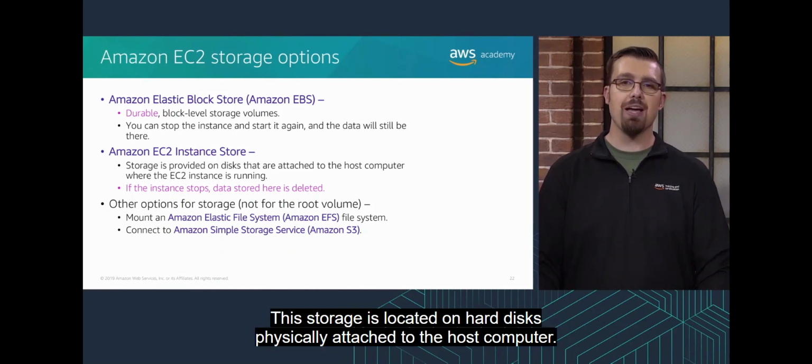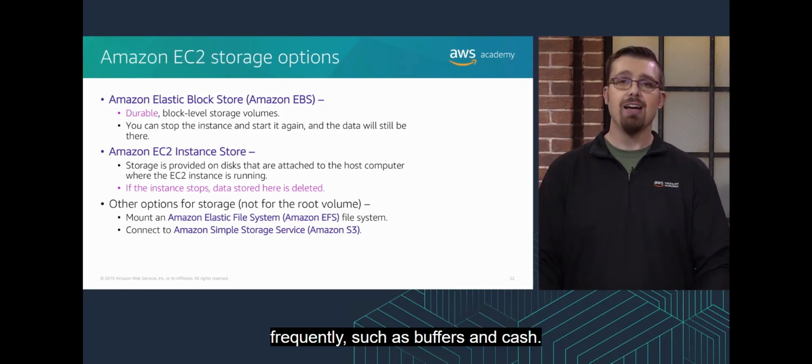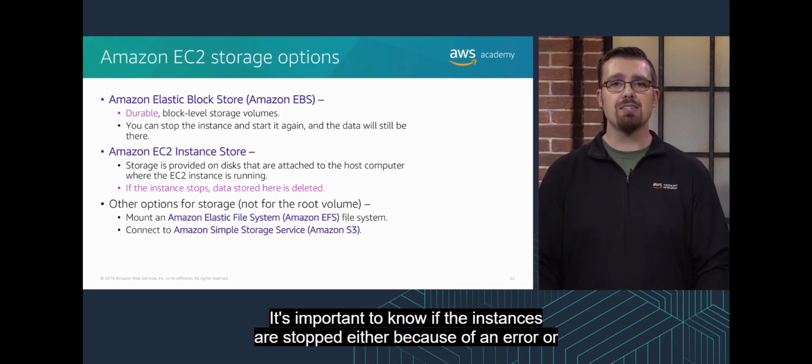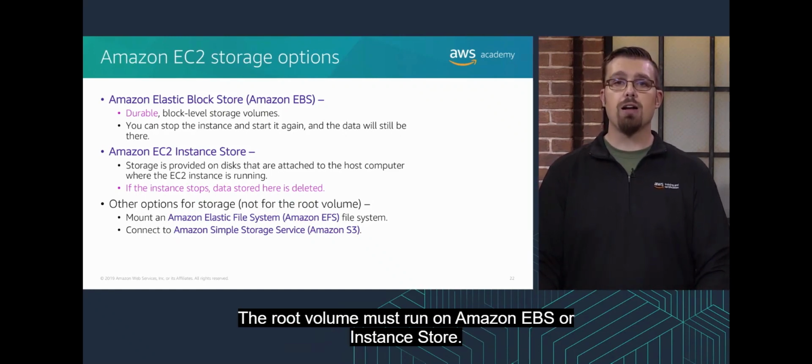This storage is located on hard disks physically attached to the host computer. Instance Store works well when you must temporarily store information that changes frequently, such as buffers and cache. It's important to know that if the instances are stopped, either because of an error or a malfunction, the data on the Instance Store will be deleted. The root volume must run on Amazon EBS or Instance Store.